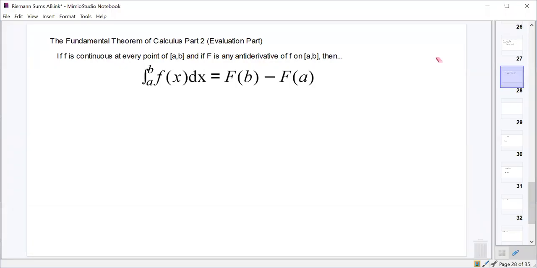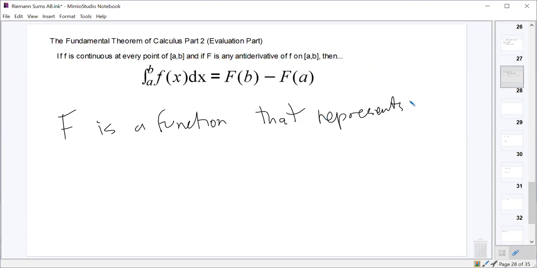So the second part of the fundamental theorem of calculus says if I want to integrate some function from a to b, then there is some other function, capital F, which is a function that represents the area under f of x, little f of x.